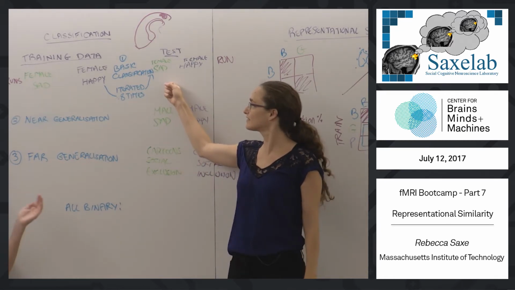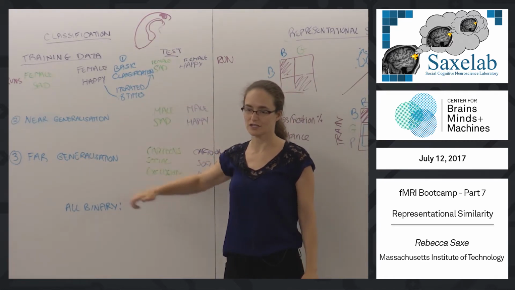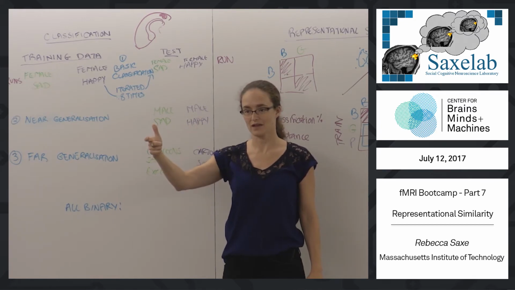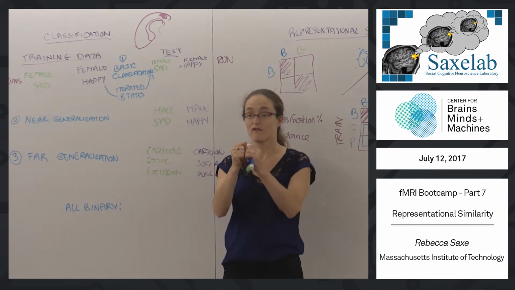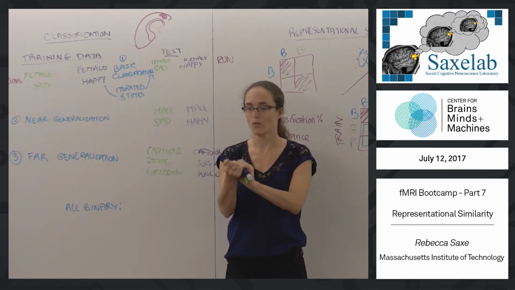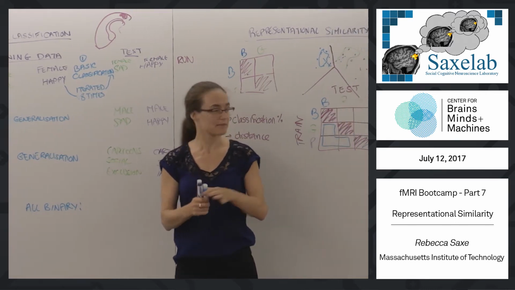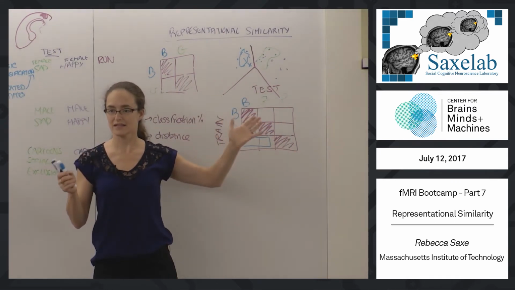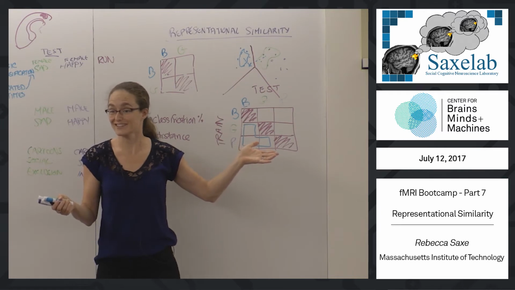In the classification and generalization, we learn one distinction and ask what it can be applied to. That's a way of saying, for this pattern that I learned, what dimension is it classifying? I'm going to show you the kinds of things you can do with this, but it's a slightly more general set of things.